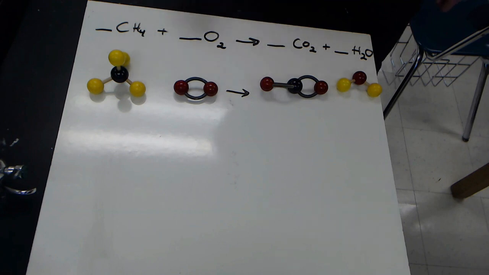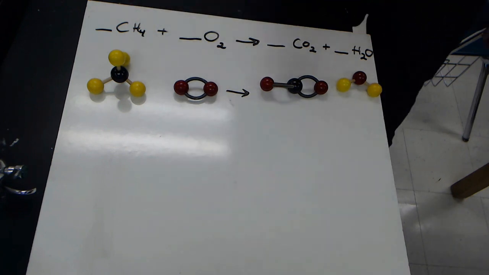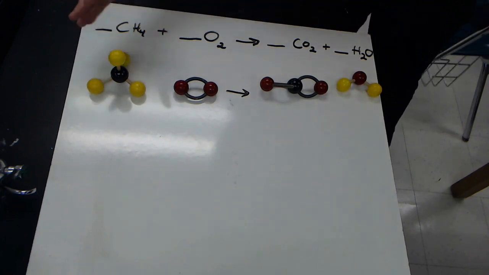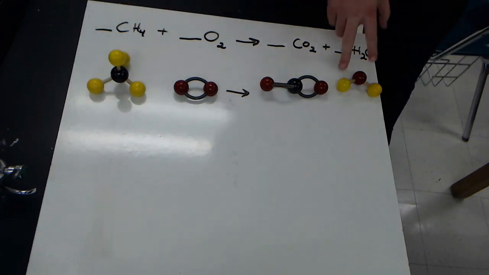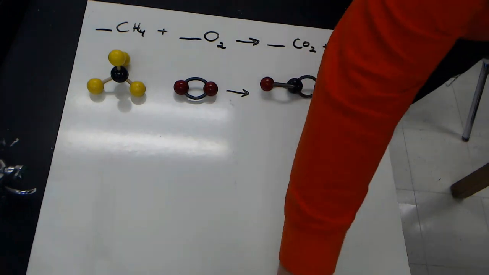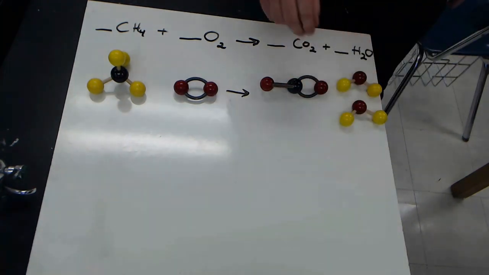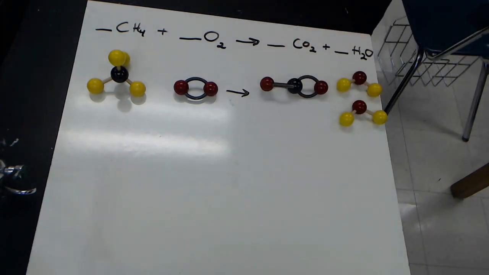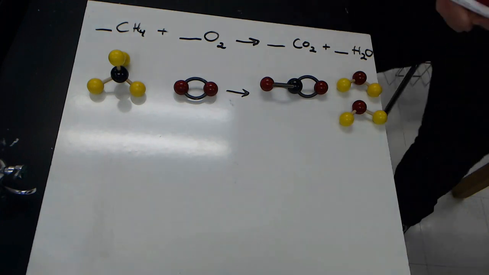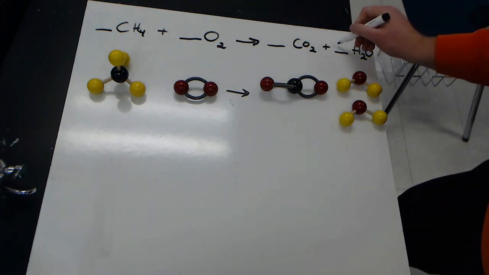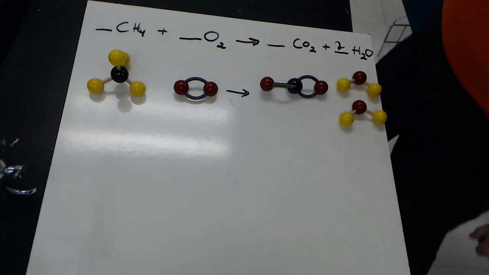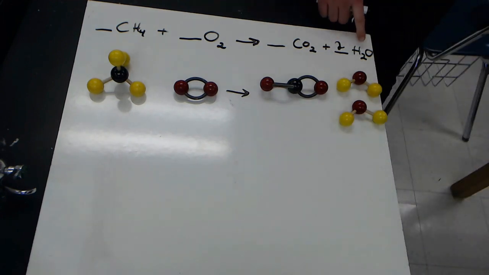Because right now it's violating the laws of nature. Well, to fix one of those problems, if I focus on the hydrogen problem, where I had 4 and went to 2, I can add another water molecule. And I would represent that by putting a 2 over here, showing that I have 2 water molecules, H2O.